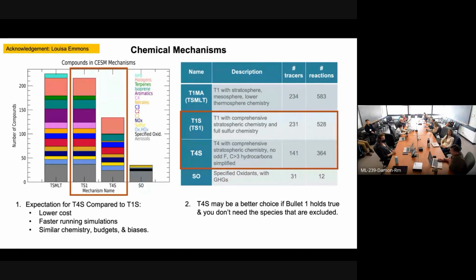With that simplification, we expect a lower cost and a faster running simulation. And ideally, we also want the chemistry, the budgets, and the biases to be very similar to what we would see with T1S. So that's what I'm gonna go over here.